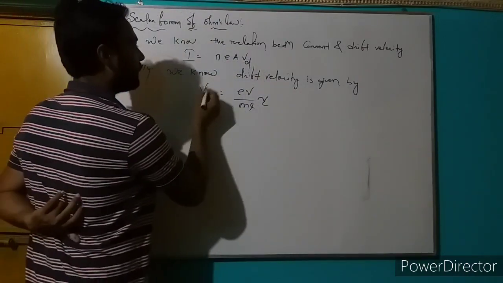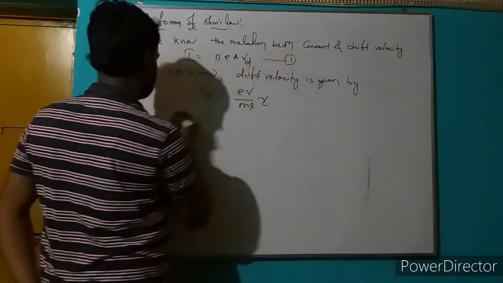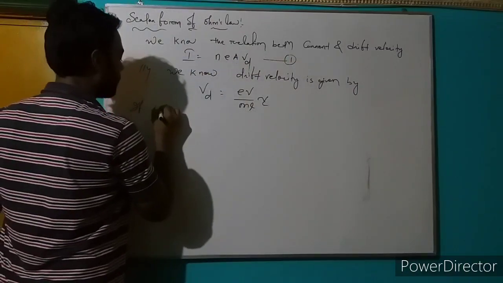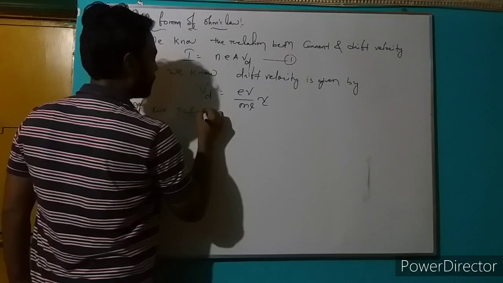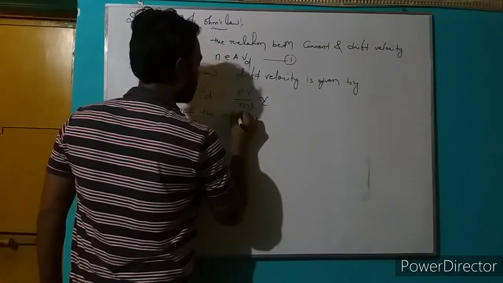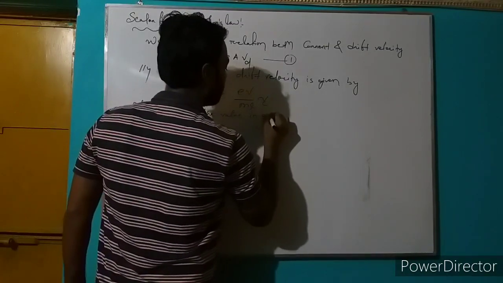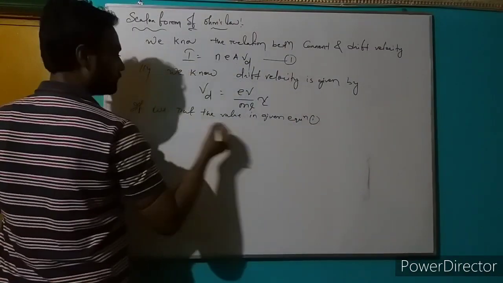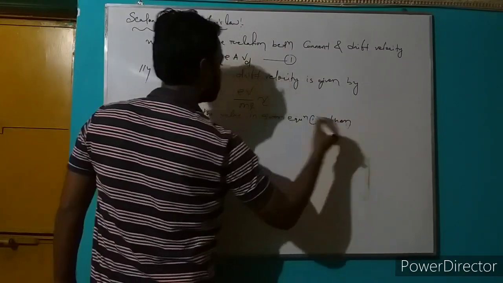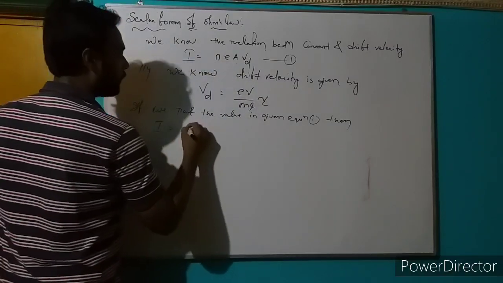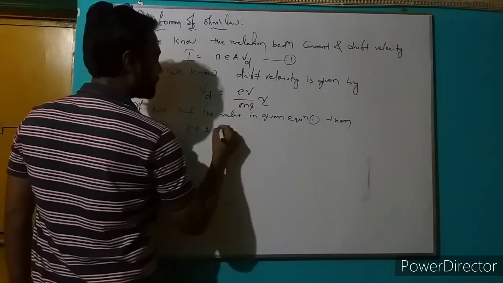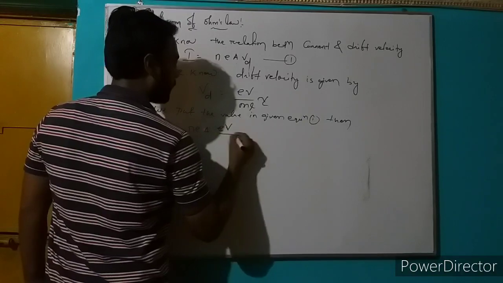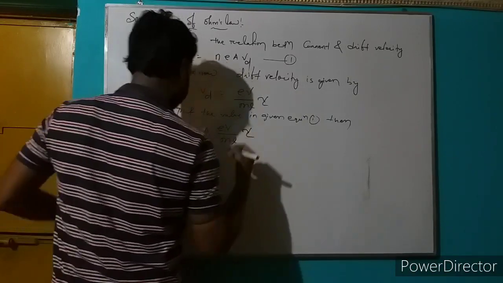If we put the value of Vd in the given equation 1, then I equal to NEA, Vd means EV by ml into tau.